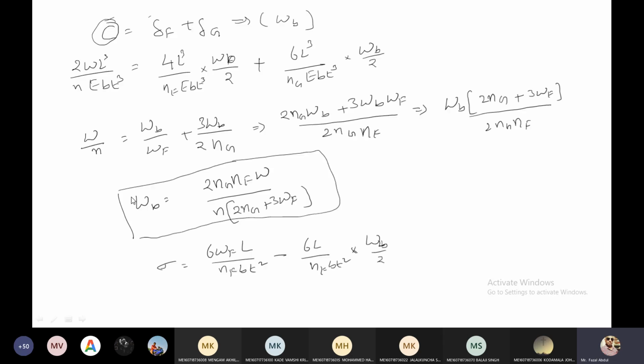Now see here, if we simplify the first equation, 6L. So what is the equation we previously wrote? This one is the equation.